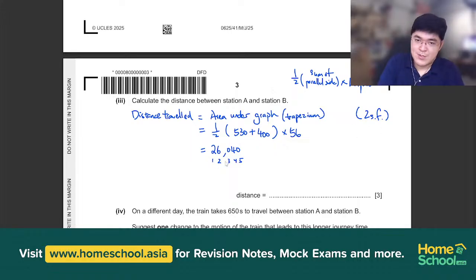So let's take a look at the first 2 significant figures, 1, 2. All right. The third significant figure is what determines whether we round up or round down. Okay. So any number from 0 to 4, we round downwards. And when it is 5 to 9, we round upwards.